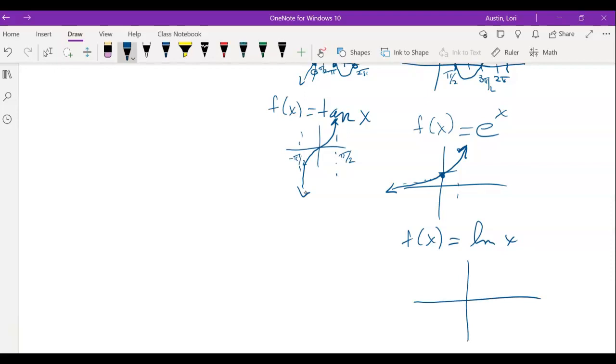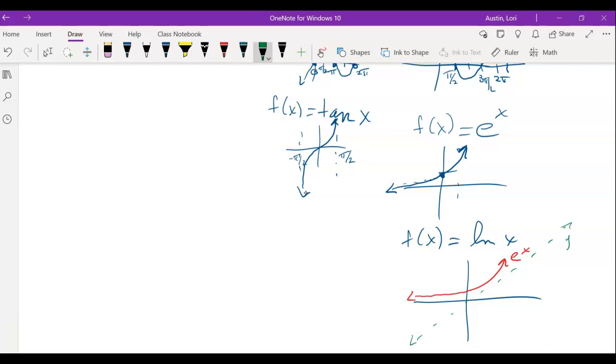So let's do this one, reminding ourselves what inverses are. So first, in red, I'm going to put e to the x back on the graph. Okay, and then I'm going to put, in green, anybody know what that is?